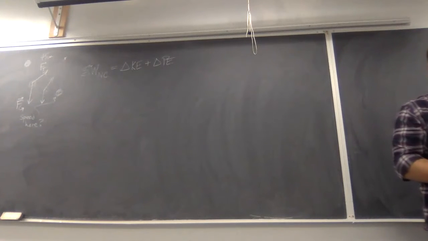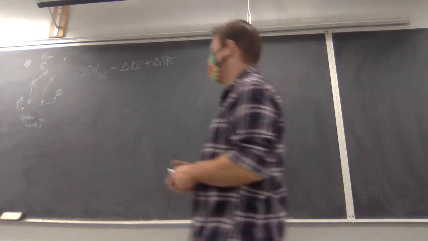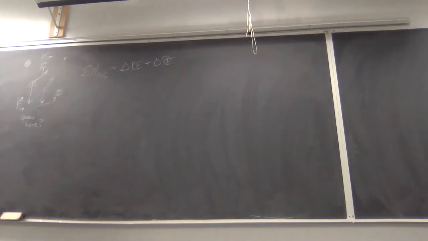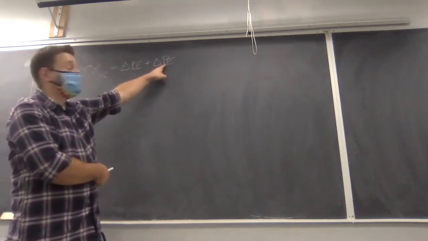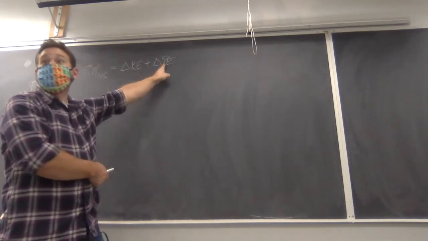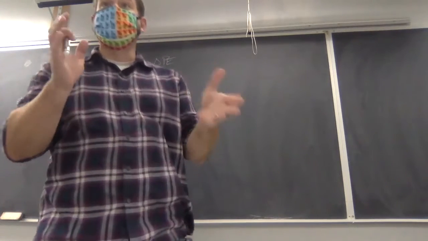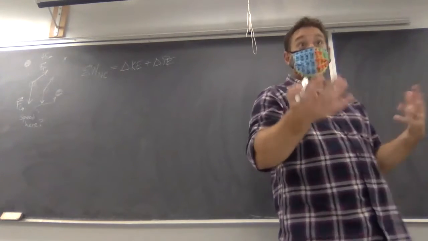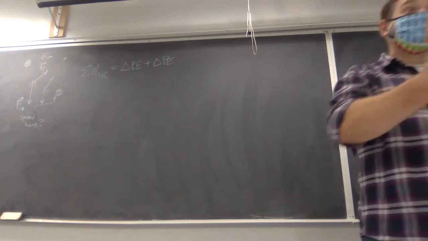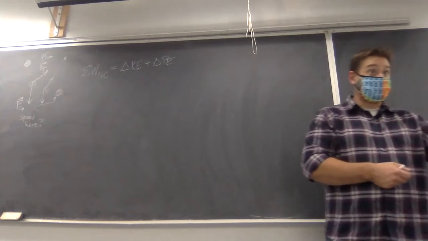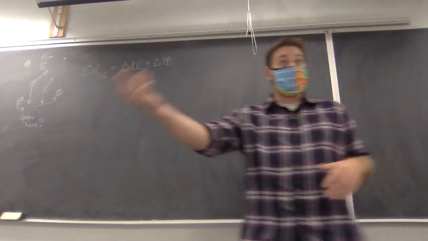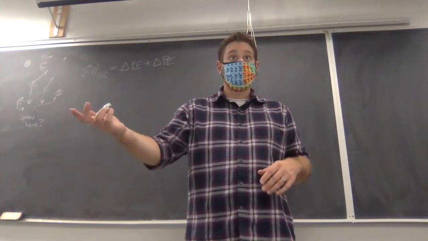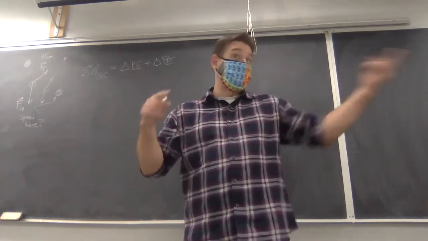This is great. But where is gravity in this then? We agreed that we could keep the books, maintain our balance sheet, for gravity either as work done or as potential energy stored, not both.